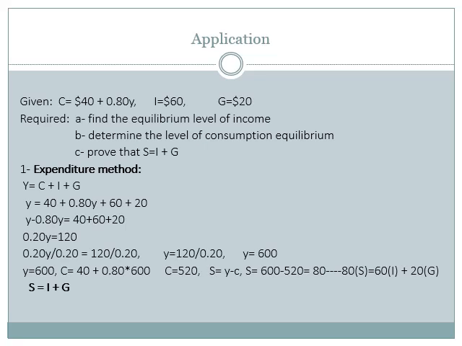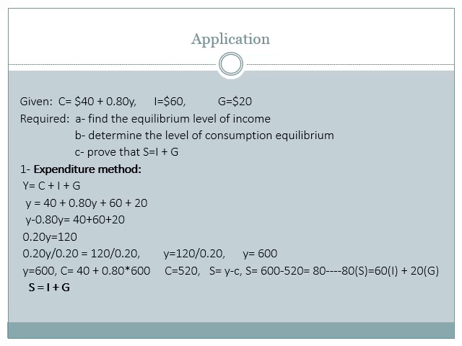Let's push 0.80y to the left side, and then the remainder is y minus 0.80y equals 60 plus 40 plus 20. So 0.20y equals 120. Let's divide each side by 0.20. The remainder is y equals 120 over 0.20, which is 600.